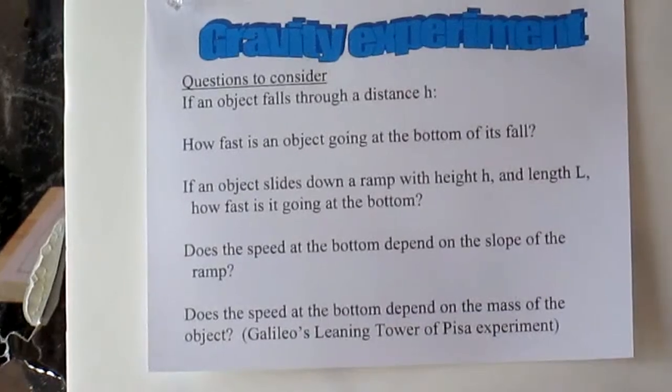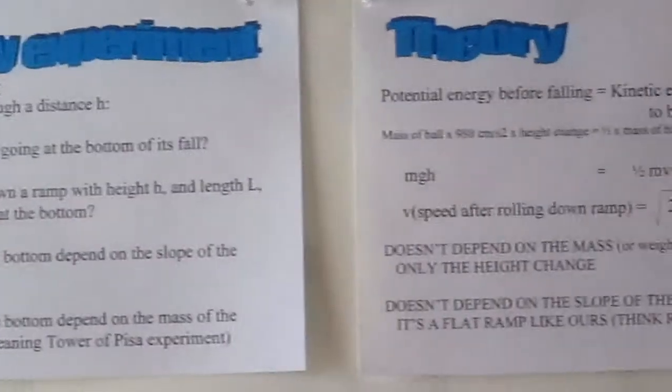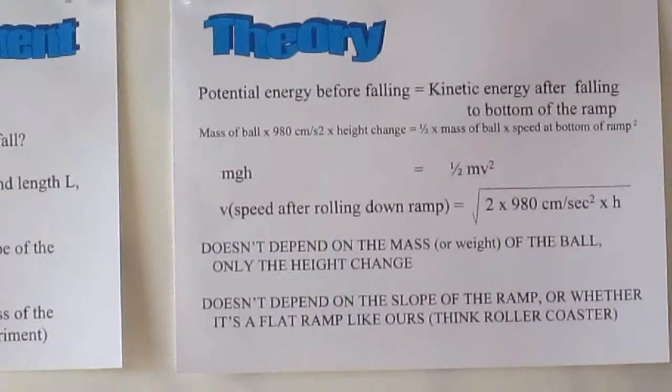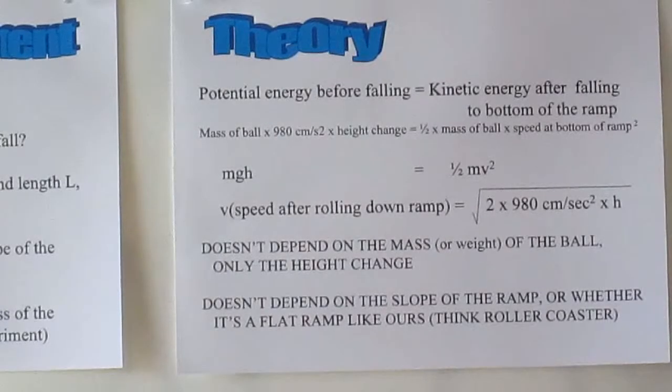So the theory is over here. I don't really expect you to be able to solve equations yet, but they're not any more complicated than you'd think they'd be. Equals simply means is the same as.